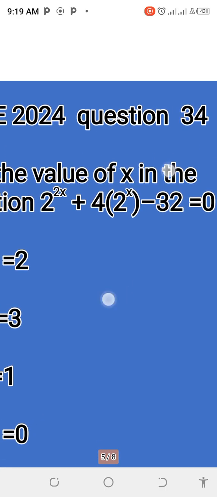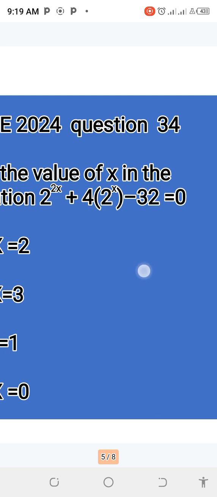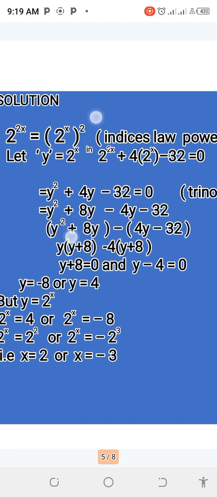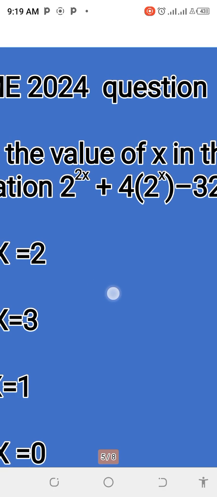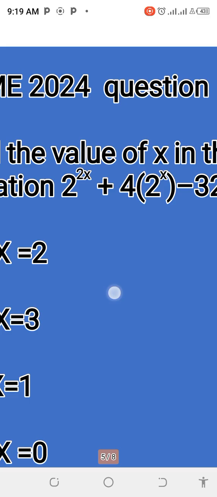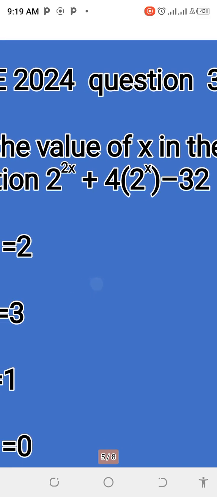This one is more or less an exponential equation, and we are going to look at it now. You discover that in the question you have 2 raised to power x as part of the term, and the other one, 4, and 32. So what we need to do is replace this 2 to the x with a variable.